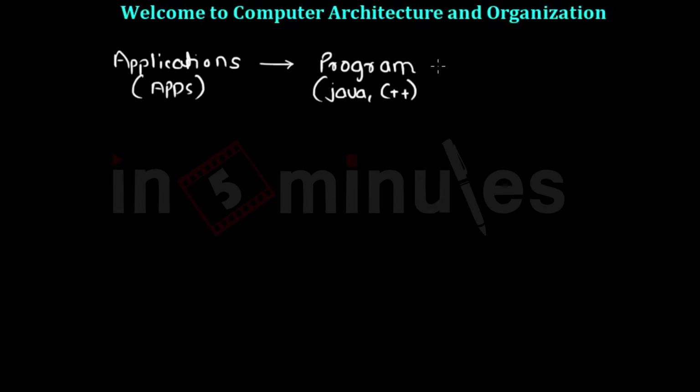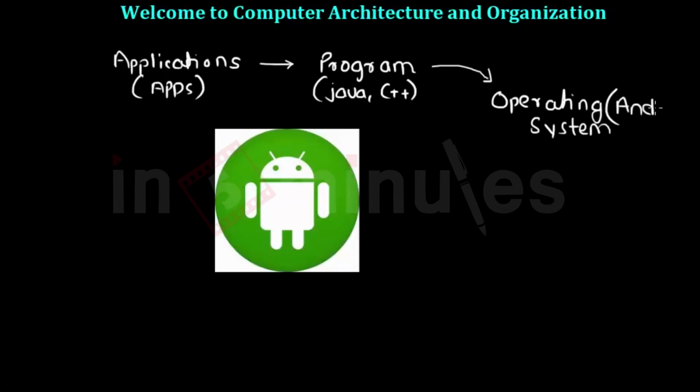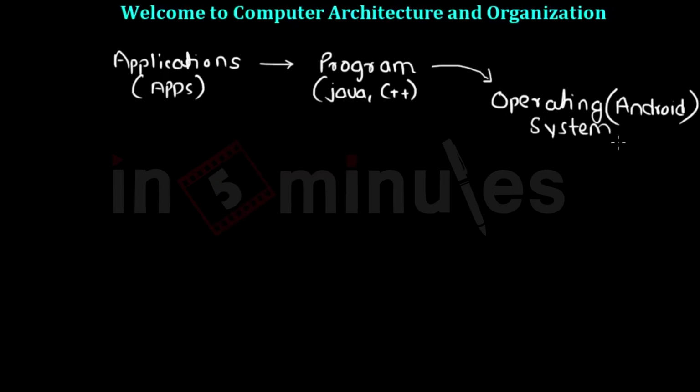Now these programs are executed on an operating system or a runtime system of a device. For smartphones we have Android, or for PCs and laptops we have different operating systems. You are familiar with Windows, Mac OS, or Linux, and so on.